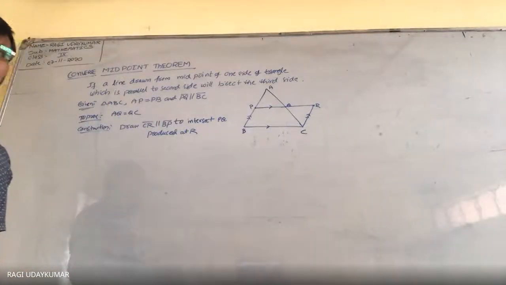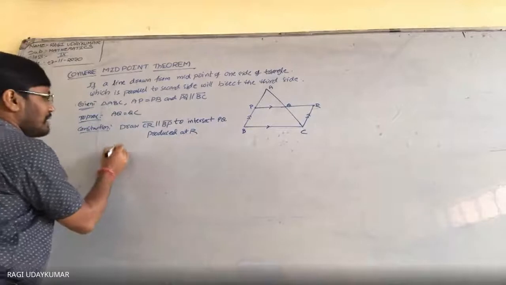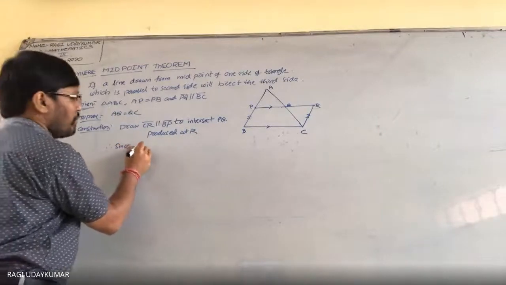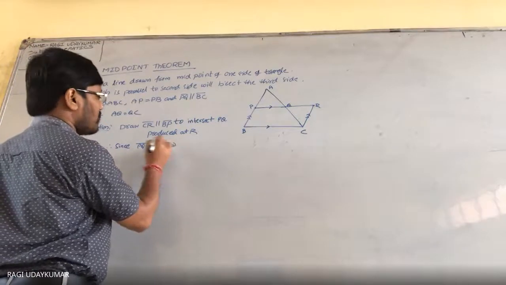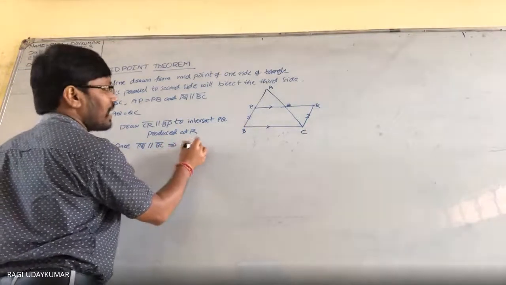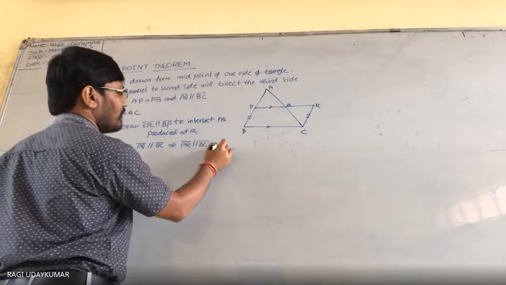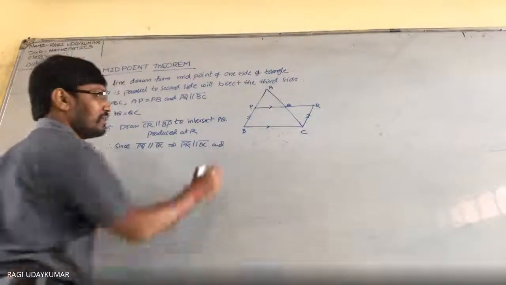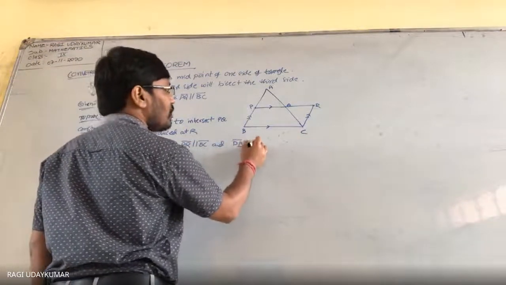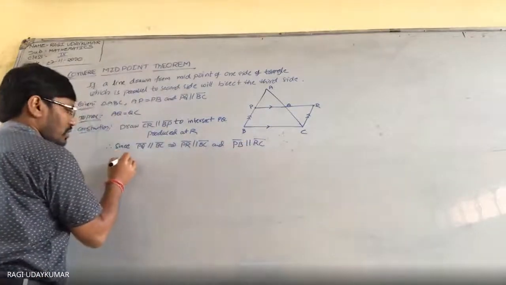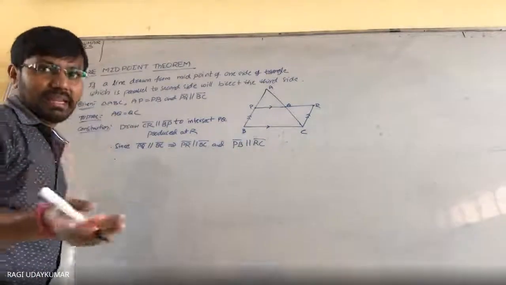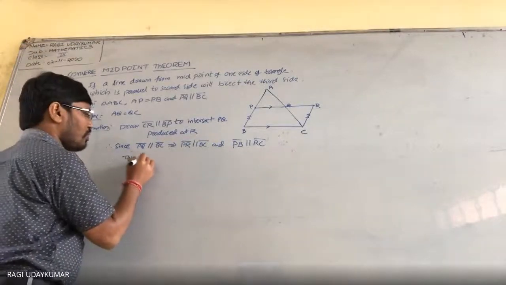Okay, so therefore since PQ is parallel to BC, implies PR is parallel to BC and PB is parallel to RC. Therefore, two pair of opposite sides are parallel.